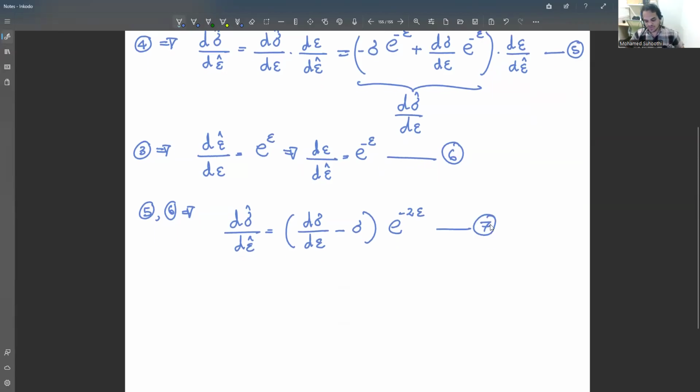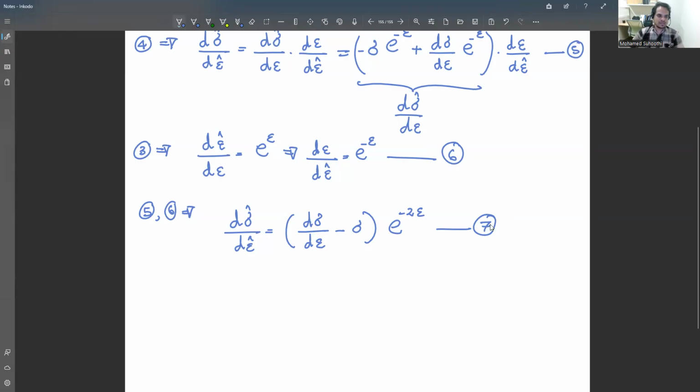Now, very important. If you want to find whether the function is an increasing or decreasing function, you have to find this sign. For an increasing function, you have to show this is greater than or equal to zero.